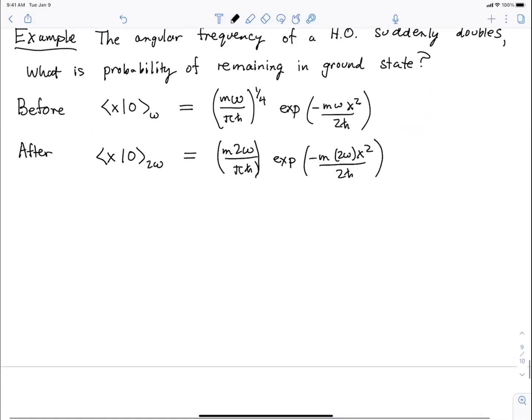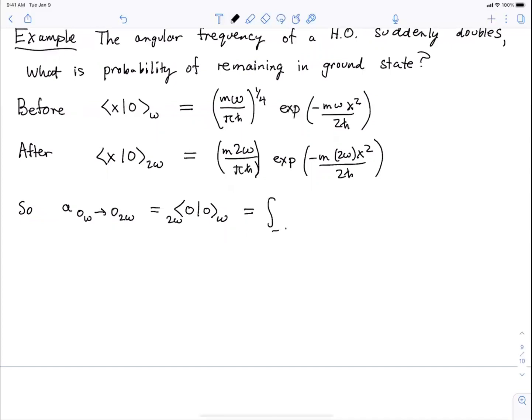And so in this case, the transition amplitude to go from the ground state with frequency omega to the ground state with frequency 2 omega is this matrix element. And the reason for writing down the wave functions immediately above it is because now we can compute this thing in the position representation by using the wave functions.